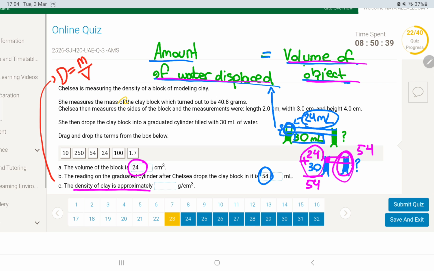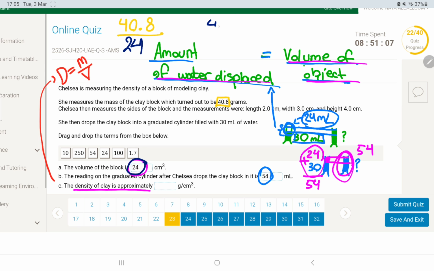She measures the mass of the clay block, which turned out to be 40.8. So what's the mass here? 40.8 over, what's the volume of the block? Let's go back to the answer we got. We said that the volume is 24.